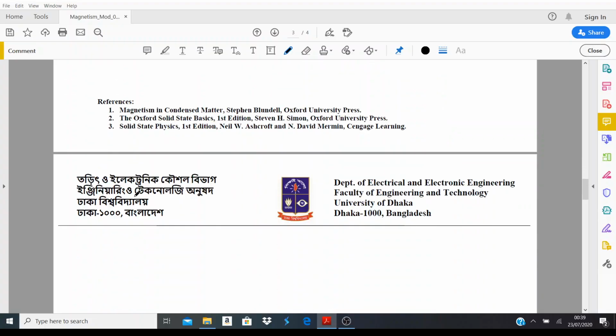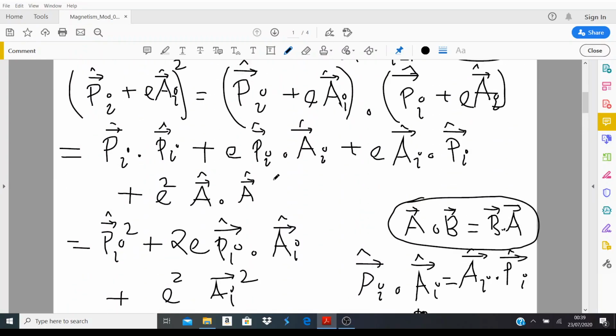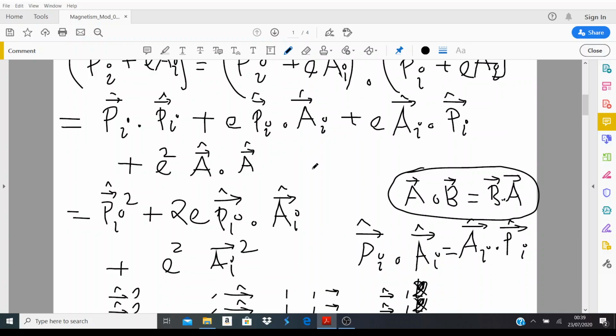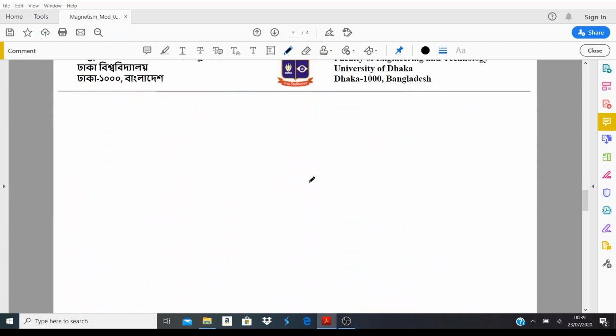Before I finish this lecture, I want to stress the point that here we assume that the vector p operator commutes with the magnetic vector potential. We have assumed this, but let me sketch why this is the case.